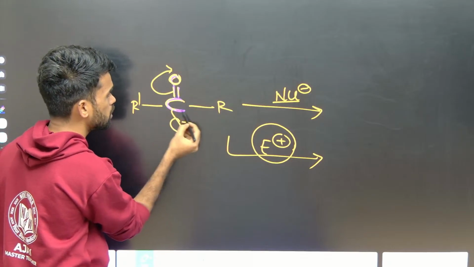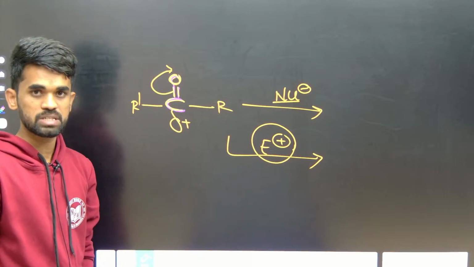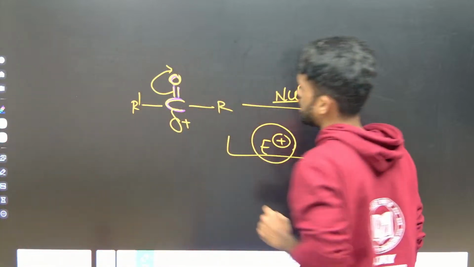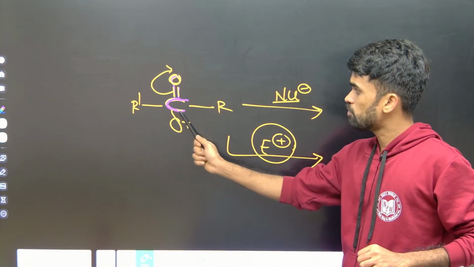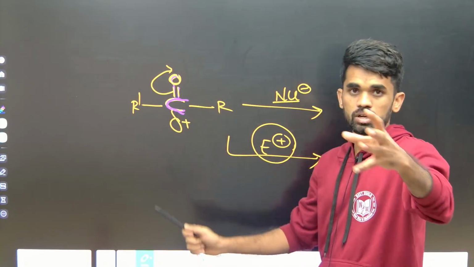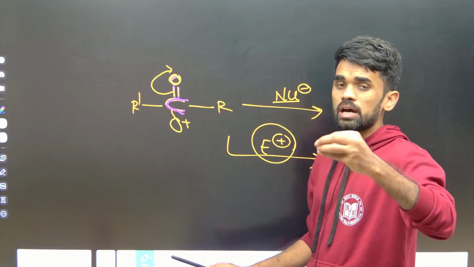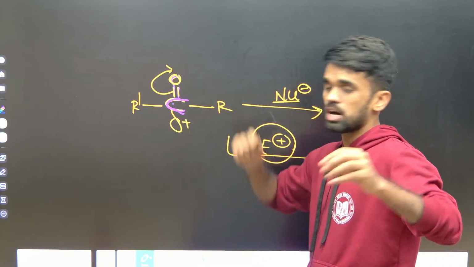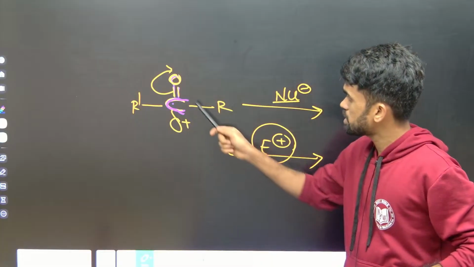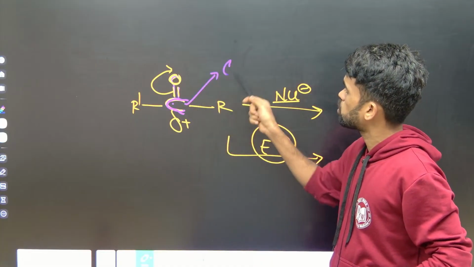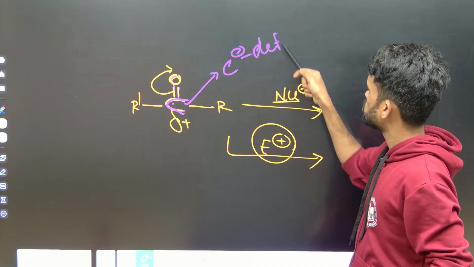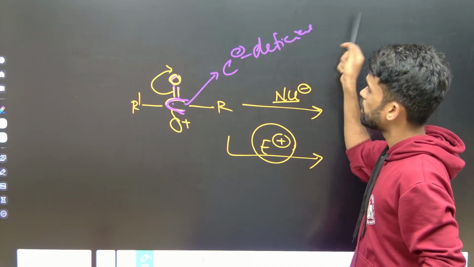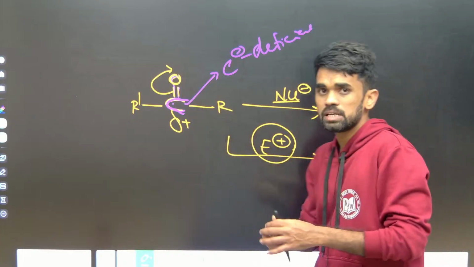If this is electron deficient, this carbon is looking for someone who can donate electrons to it. So it requires a nucleophile.